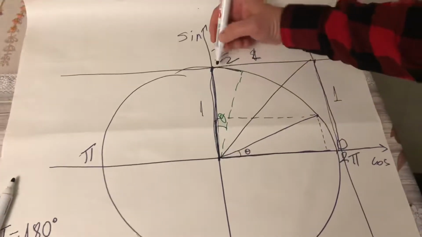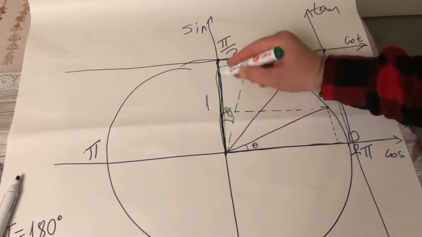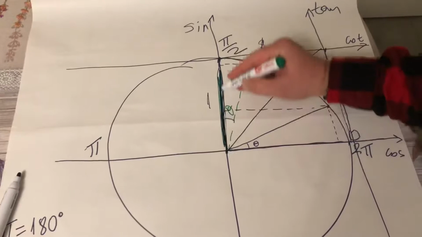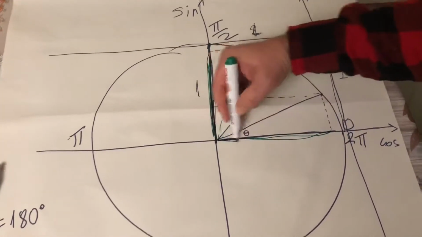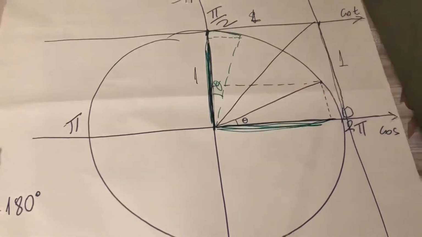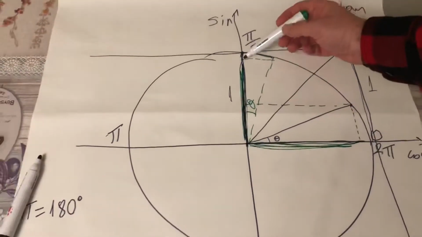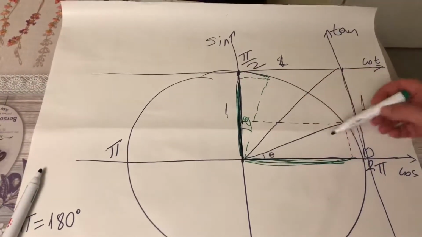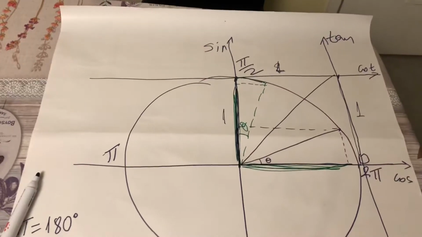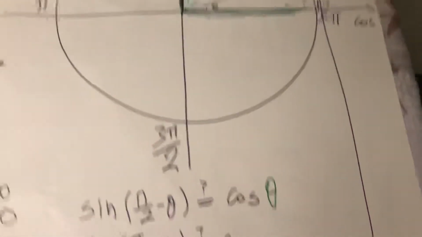Here we can see that this length is equal to that length, which means that sine of pi over 2 minus theta equals cosine theta actually.